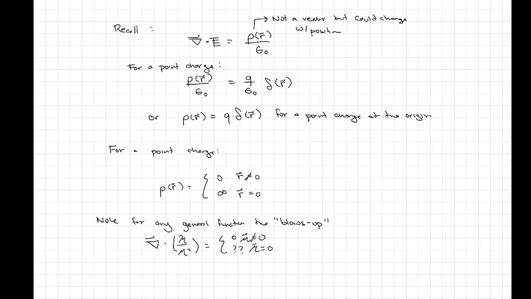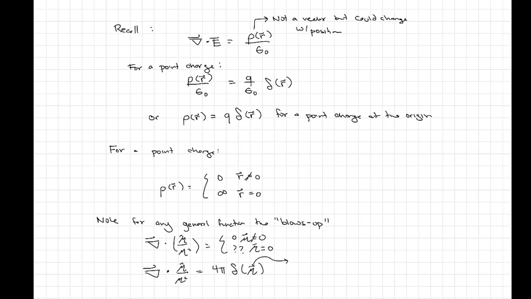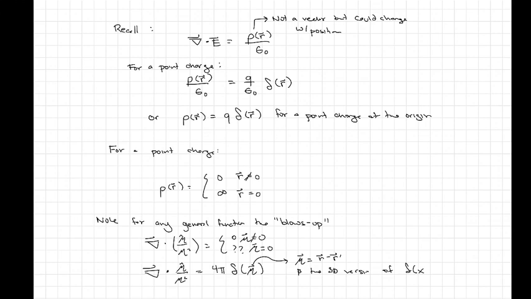We can fix this in a similar way by now saying, fine, let's say that the divergence of that vector field is going to be equal to 4 pi times our three-dimensional Dirac delta function, where we remember that this is the separation vector, so this is r minus r prime, and this is the 3D version of the Dirac delta function that I put in there.